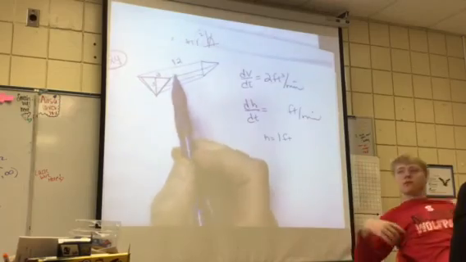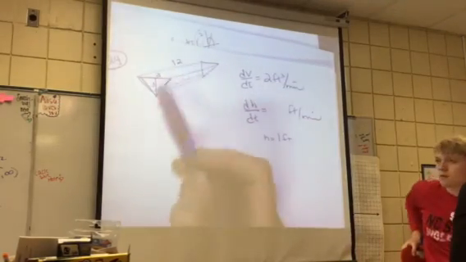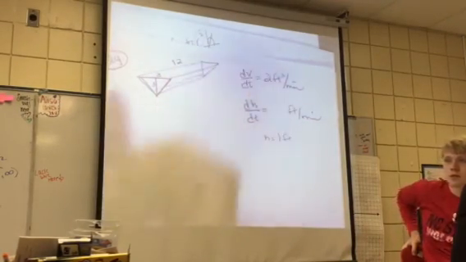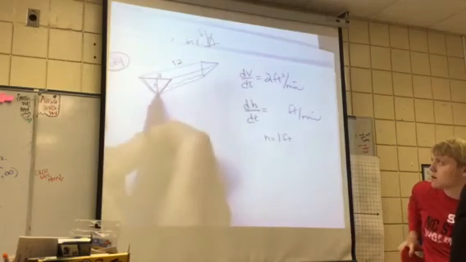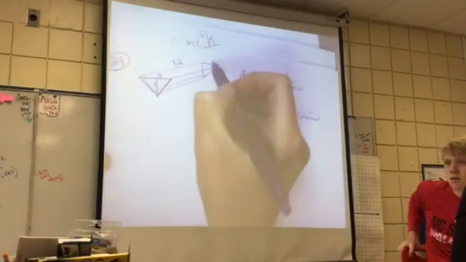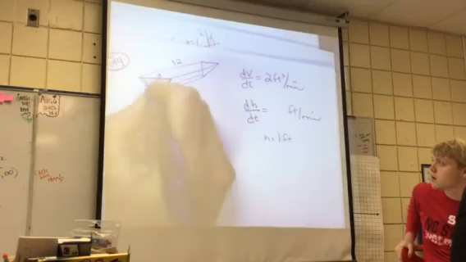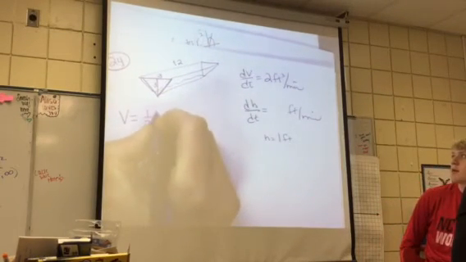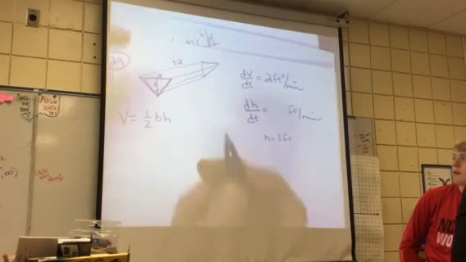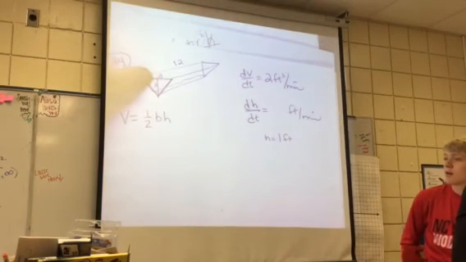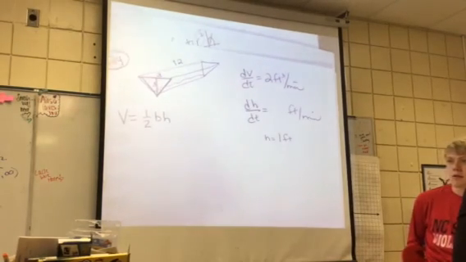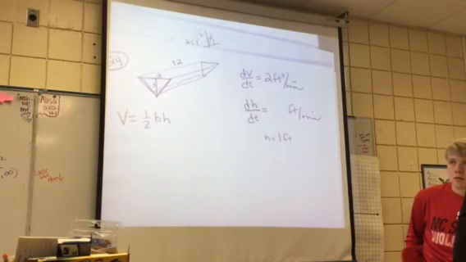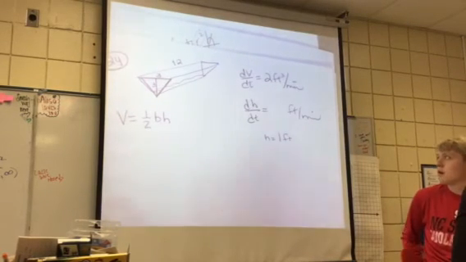How do you find the volume of this prism? Area of the base times the height. How do you find the area of this base? 1/2 base times height. Now, is it always going to be 3 and 3 for the water level? No. The tank is 3 and 3 and 12.